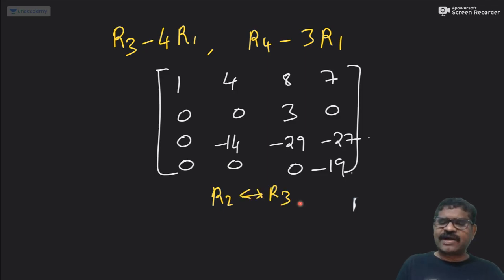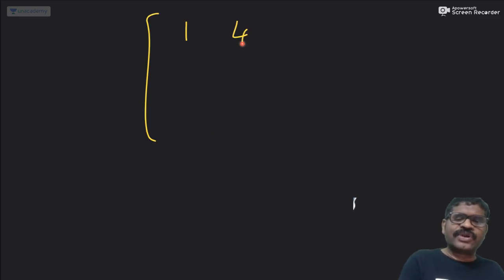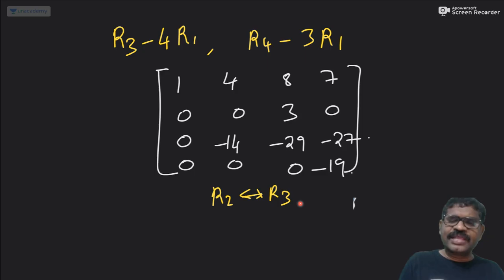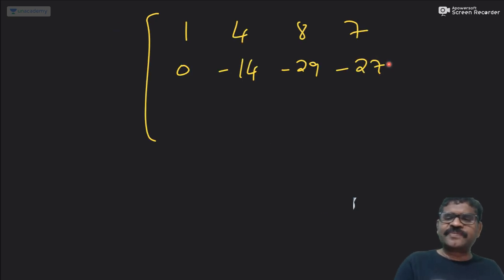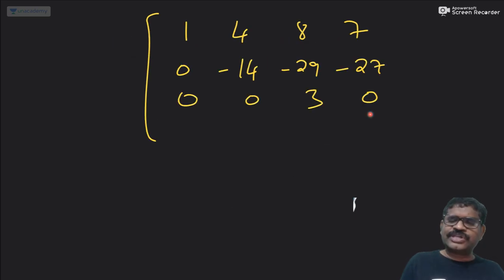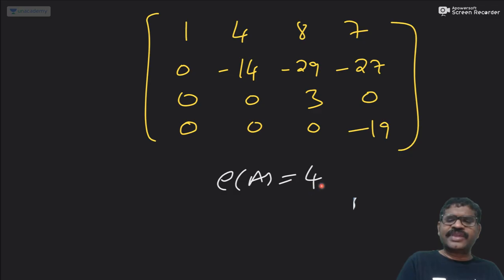By interchanging R2 and R3, you will get 1487, 0 minus 14 minus 29 minus 27, 0 0 3 0, 0 0 0 minus 19. Rank 4. It is an echelon form. Rank of A is 4.